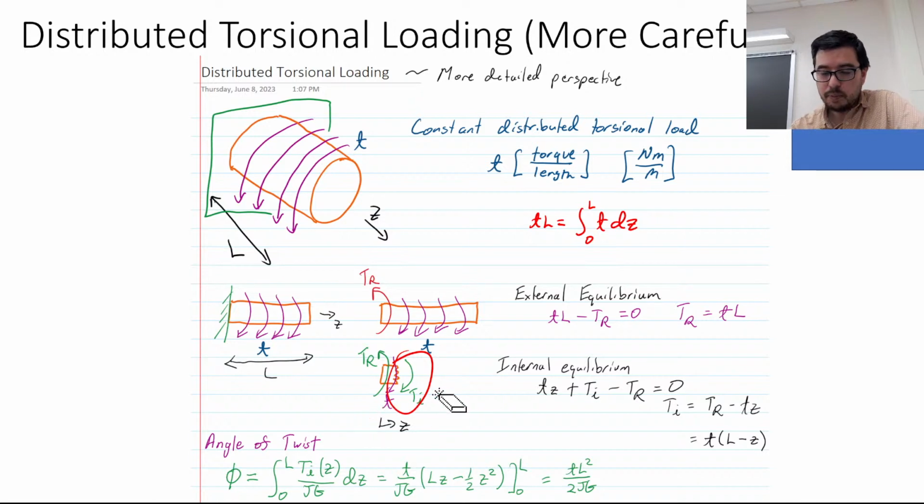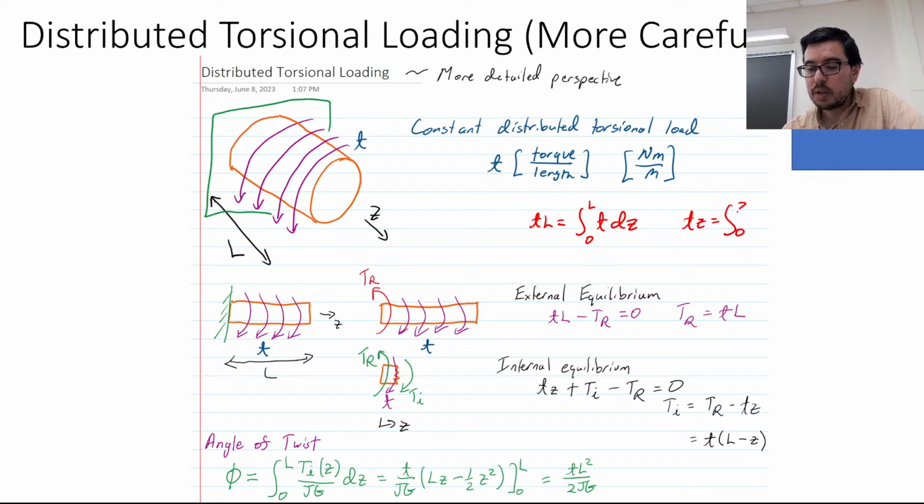And I have my little t still acting over some segment, and we have our reaction TR still. So now we have to do internal equilibrium. If we add all these up, we have a Tz, going back to this thing.